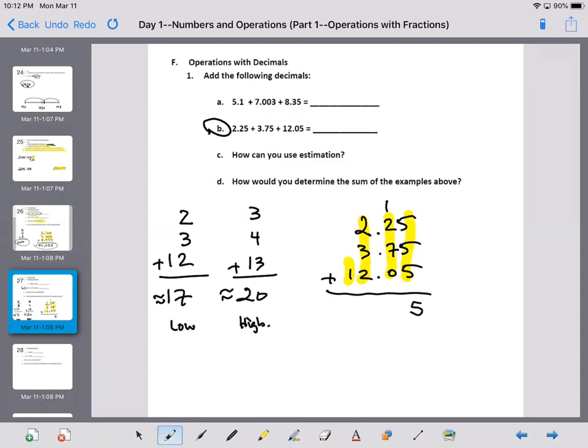So now that's 9. That's going to be 10 tenths or 1. And so that's why I regrouped the 1 over here. So that's going to be 5, 6, 7, 8 wholes. So that'd be 18 and 5 hundredths, which I knew was somewhere in between 17 and 20 for my estimate.